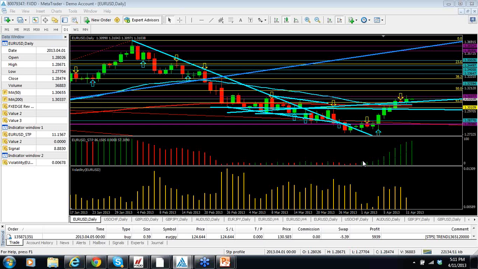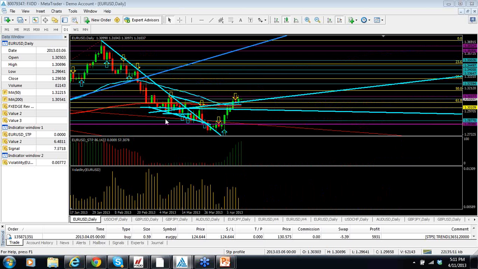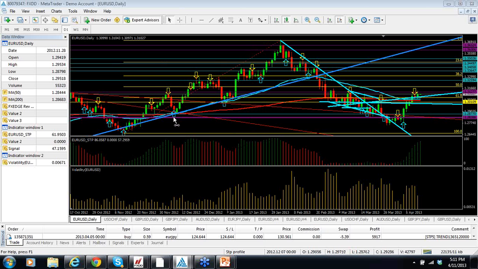Anyway, looking at the euro dollar here, yesterday, because we were at a very strong area of support and resistance, or resistance here for our purposes, we were looking for a sell because we had a reversal candle.